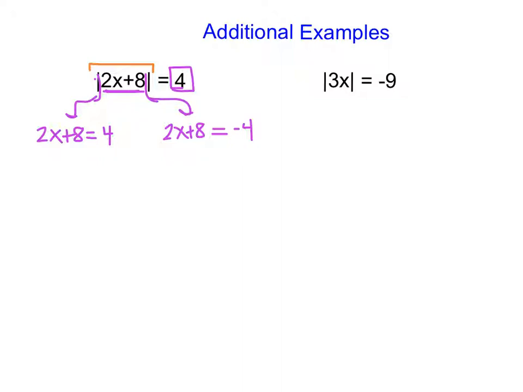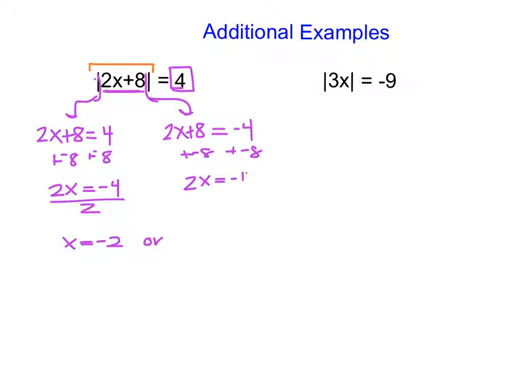Then, now that I've broken down my absolute value walls, I solve each mini equation. So I can add a negative 8 to each side. So I have 2x is equal to negative 4, divide by 2, x is equal to negative 2, or, so I have 2x is equal to negative 12, divide by 2, x is equal to negative 6.